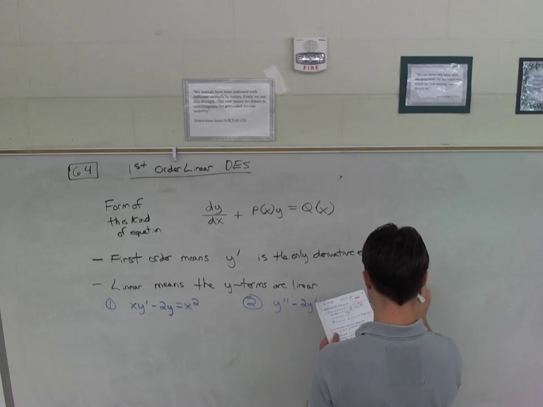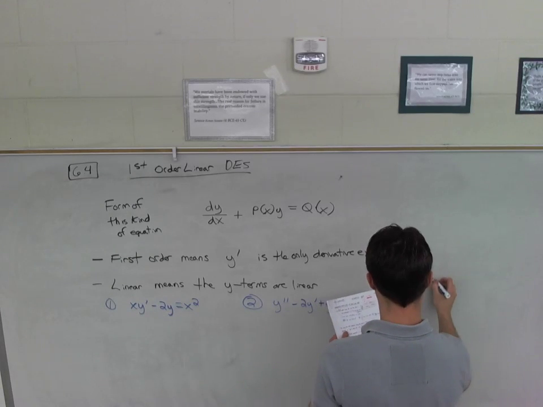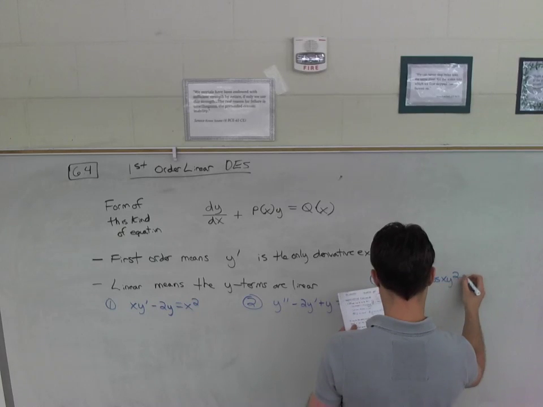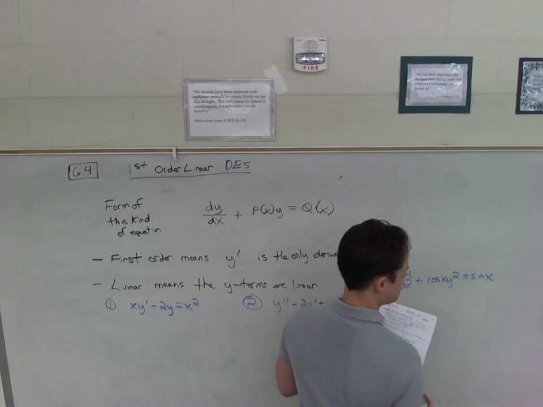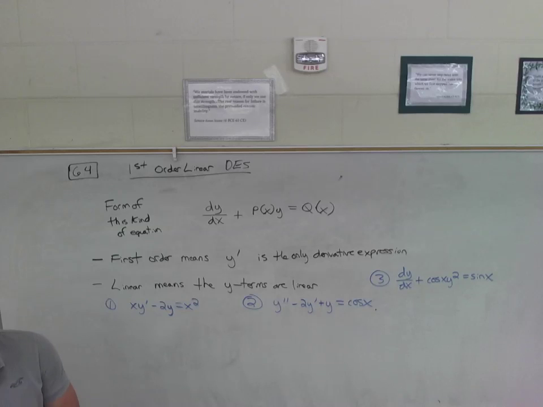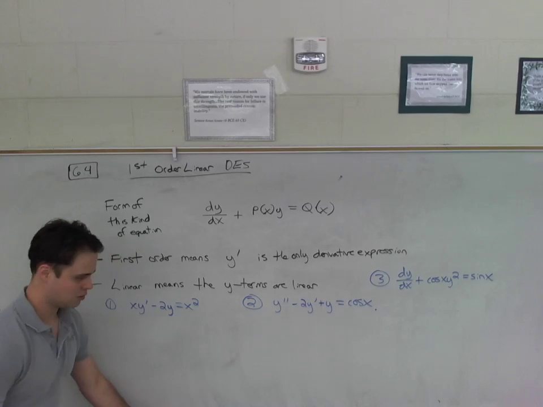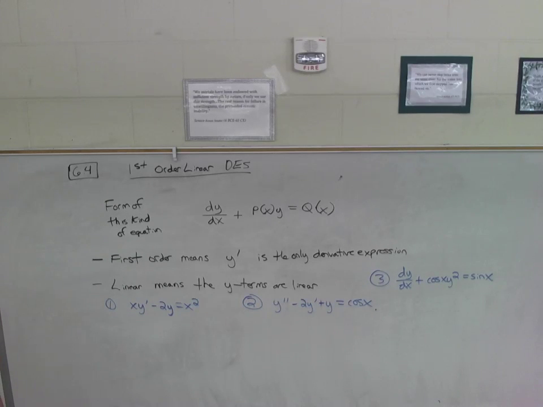Darn it. We'll warm up tomorrow with another couple. I don't know if I can make these up off the top of my head so easily. I haven't seen them for a year. Okay, so the question is, which ones of these fit the first order linear classification and which don't?